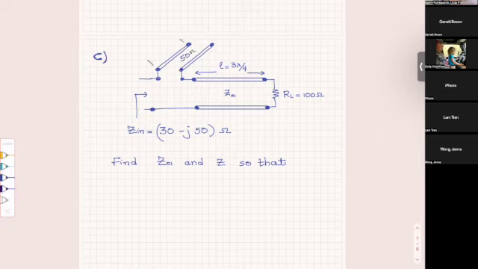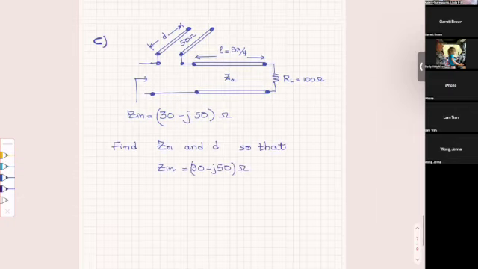And this one is D. Okay, but it's a series stub. And then we want to find Z01 and D, so that Z input is given, as above, 30 minus j50 ohms.